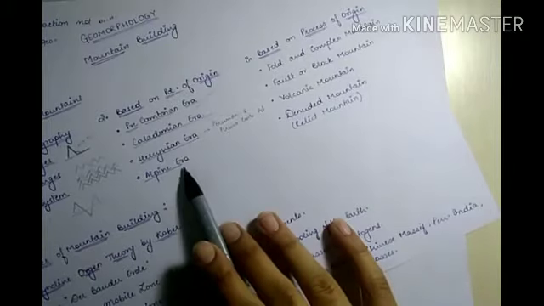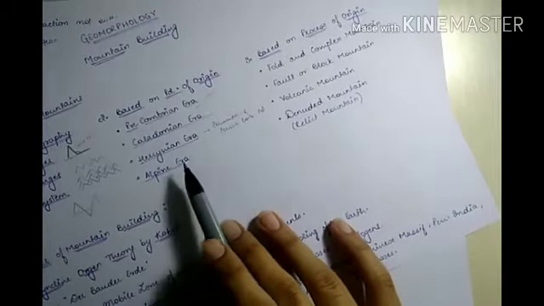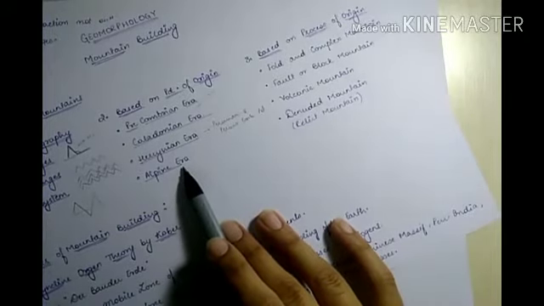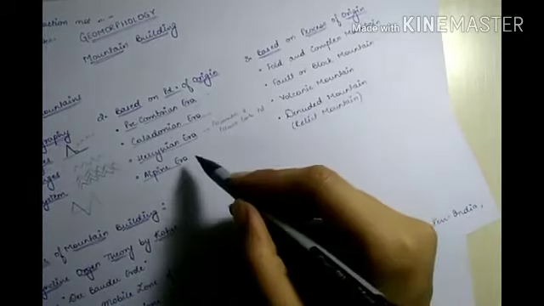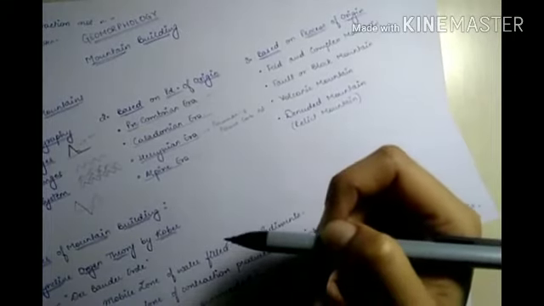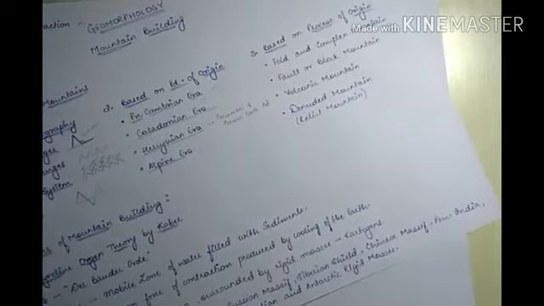Next is the Alpine era. The Alpine era is the latest era, which comes in the Tertiary epoch. Most of the mountains in this era are formed due to upliftment of the geosynclines. In the last lecture we studied what a geosyncline is.